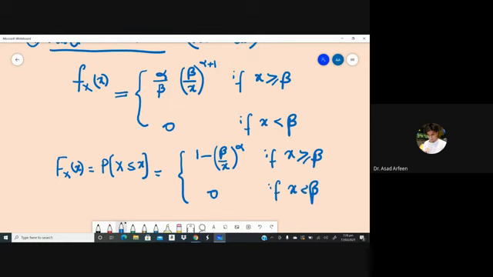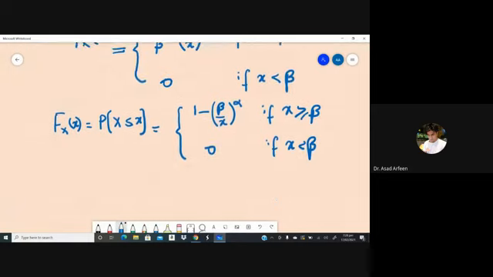You can see the role of beta here. It is very important, because for any value of x less than beta, the density will be 0. So the Pareto random variable has a minimum value of beta. That's why some people say its domain is beta to infinity. This is the working domain of the random variable x if it follows the Pareto model.